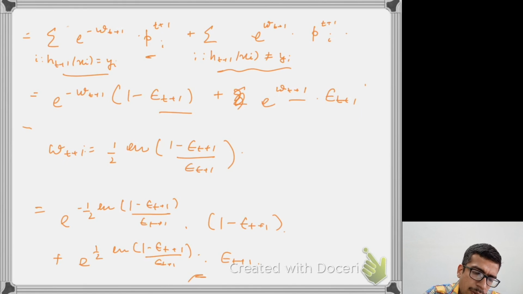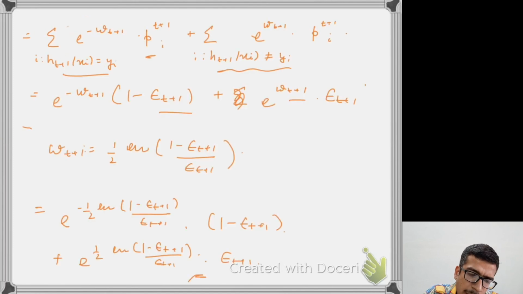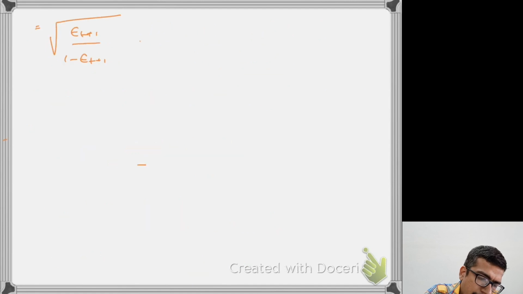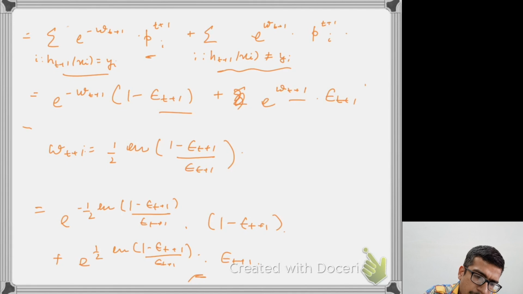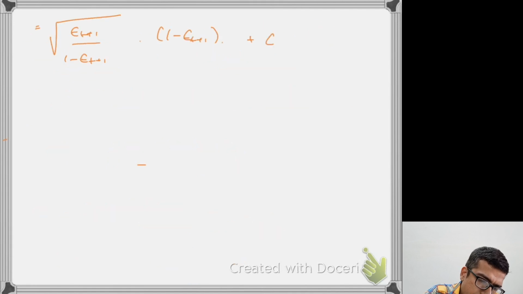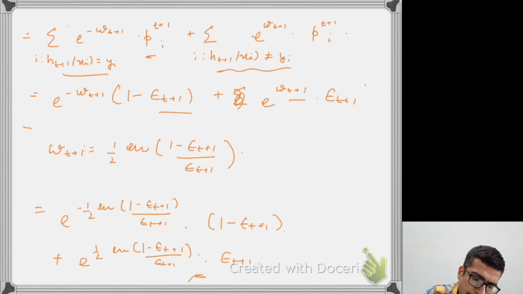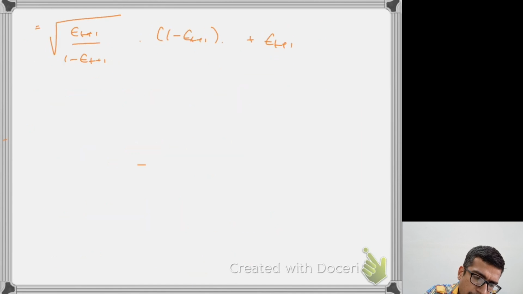So I'm going to get overall square root of epsilon_{t+1} over (1 minus epsilon_{t+1}) times (1 minus epsilon_{t+1}) plus epsilon_{t+1} times square root of (1 minus epsilon_{t+1}) over epsilon_{t+1}.